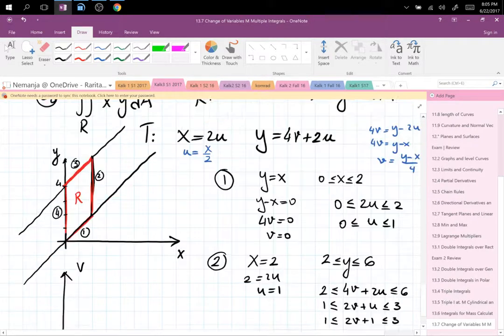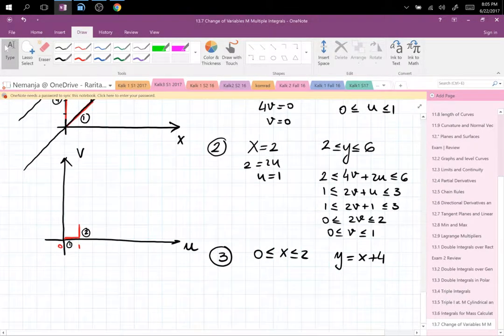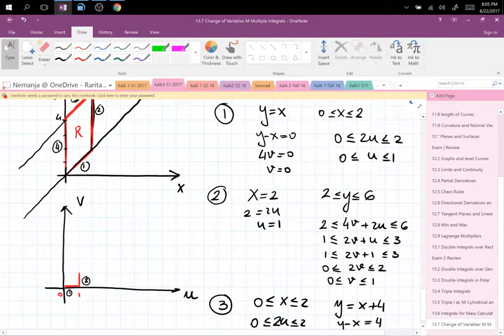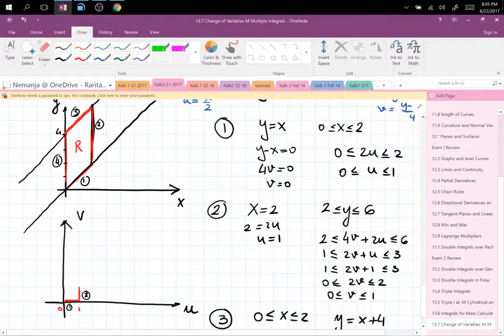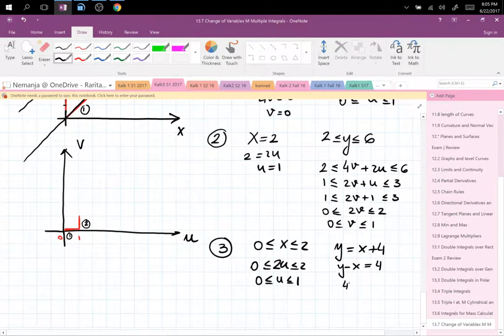So what's x? X was 2u. So again, 0 less than u less than 1. And over here, I can again use the same trick, y minus x equals 4. But y minus x from the blue one up there is 4v. So v is 1. And we get the top.